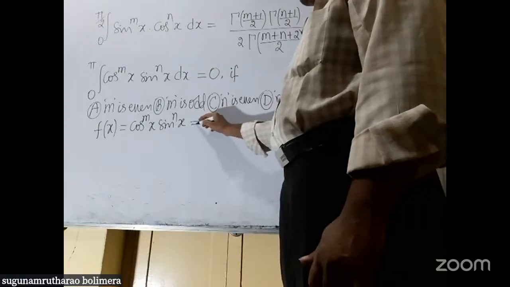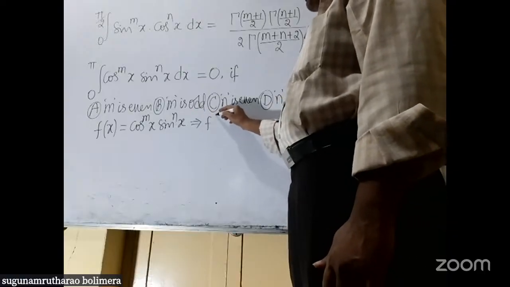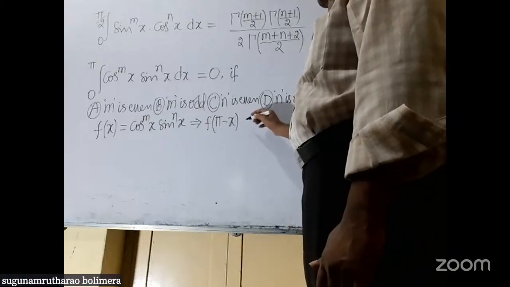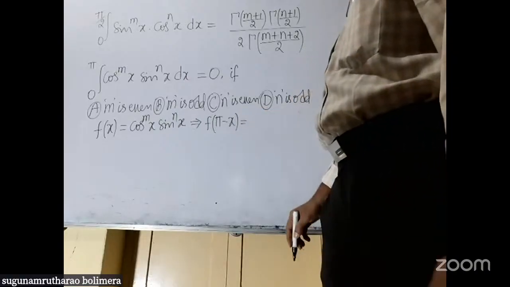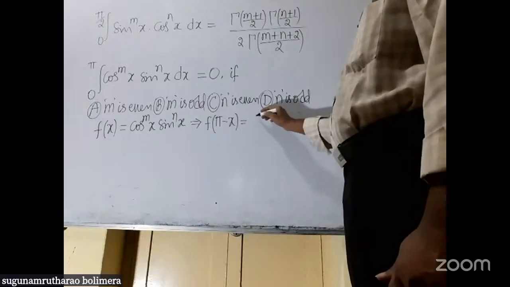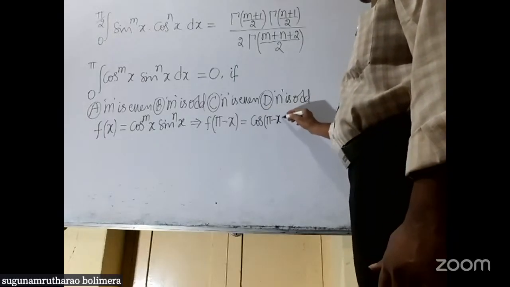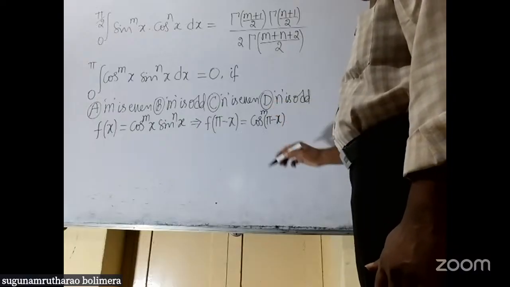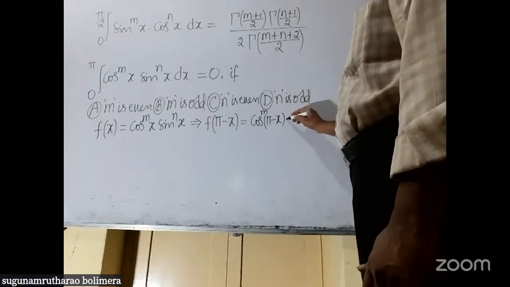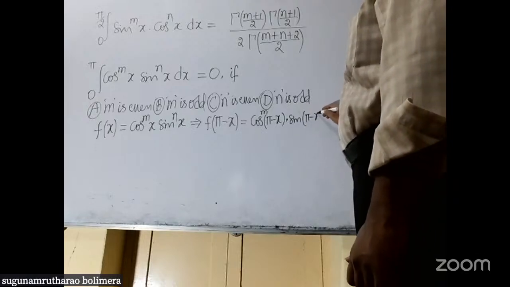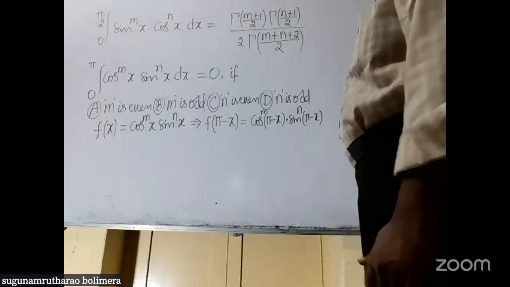Then f of pi minus x is equal to cos of pi minus x whole power m into sin of pi minus x whole power m.